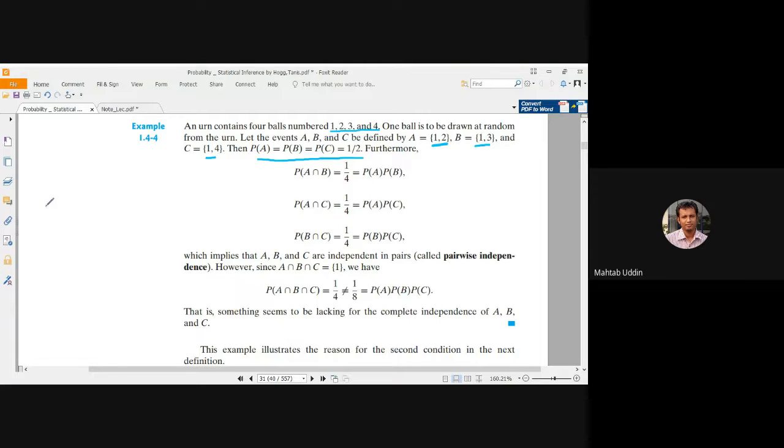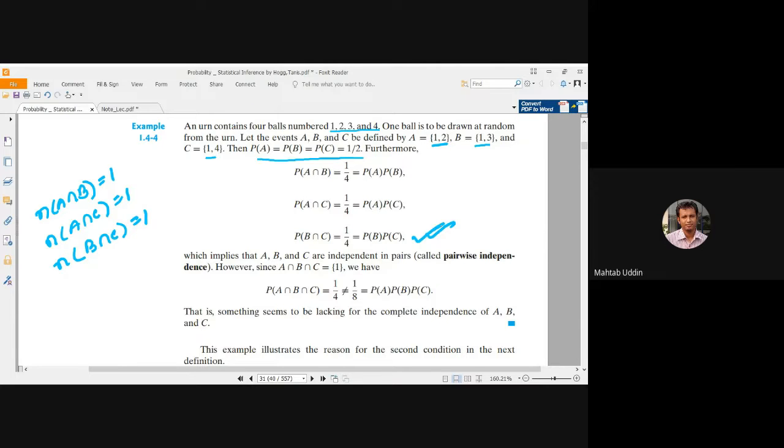That is, n of A intersection B is only 1. Similarly, n of A intersection C is also 1, and finally n of B intersection C has a common element too. So their intersection probabilities are 1 by 4, 1 by 4, 1 by 4. It is exactly equal to P of A into P of B, P of A into P of C, P of B into P of C.